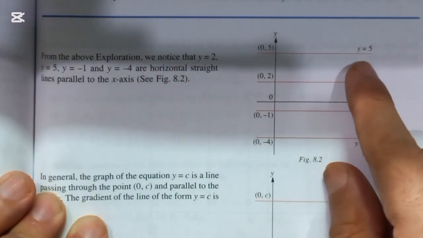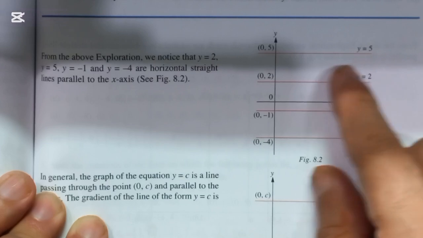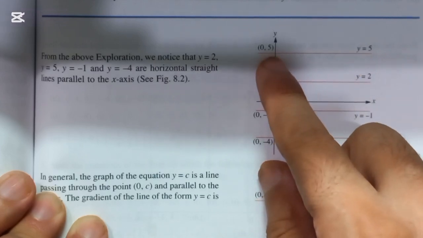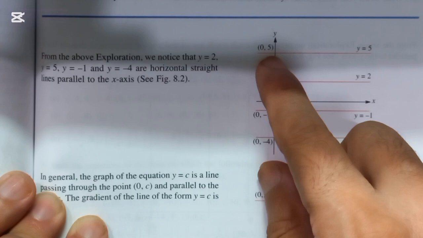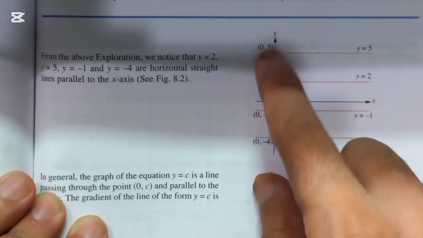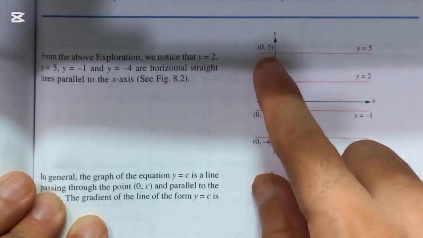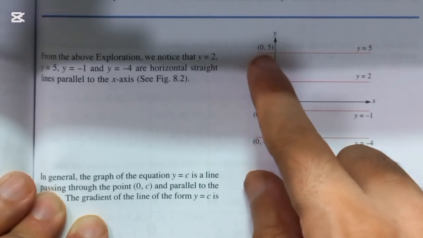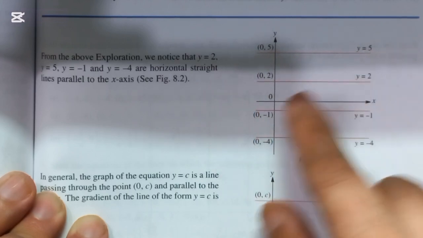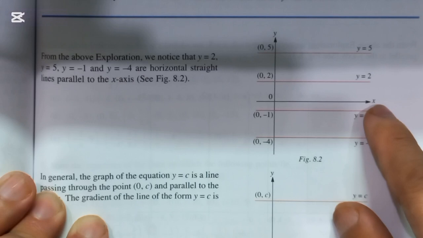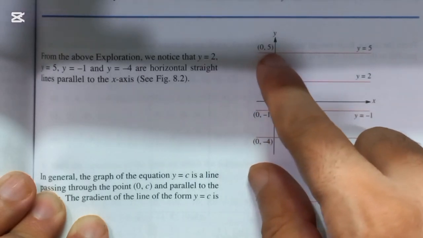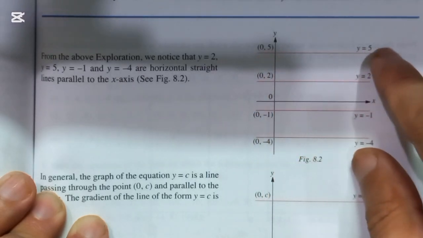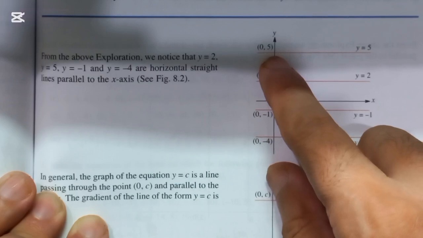So for example, y is equal to 5 graph is required. So you will plot the point (0, 5) on the y-axis, because on the y-axis the x value is 0 and here is the 5. So you will draw a line that is parallel to the x-axis. So with the help of scale you will draw a parallel line on the graph paper passing through the point (0, 5).